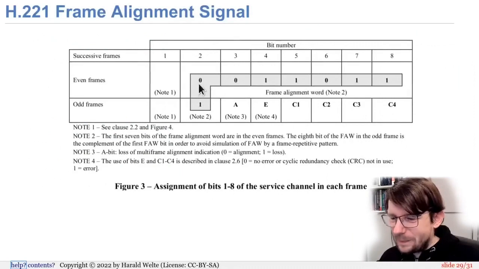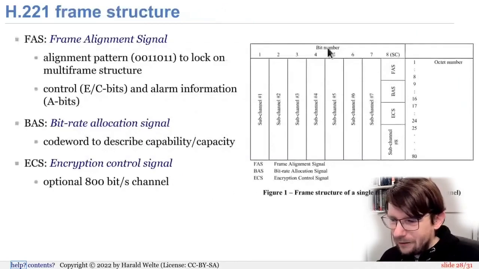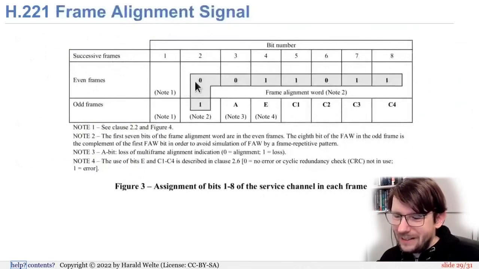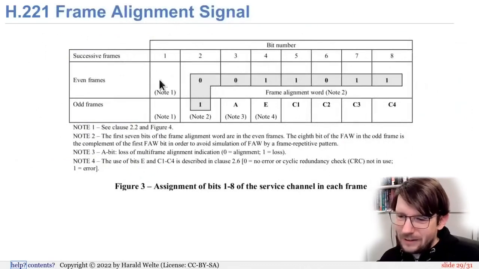how it looks like. Here again, we have all the different bits of our bytes in the ISDN B-channel. And now we are only looking at the control channel, which is basically this highest bit here, bit number 8. If we look at only these bits, plot them from 1 to 80, and rotate them by 90 degrees, looking at only the first 8, well, this is the pattern of the frame alignment signal that we see in the even frames.